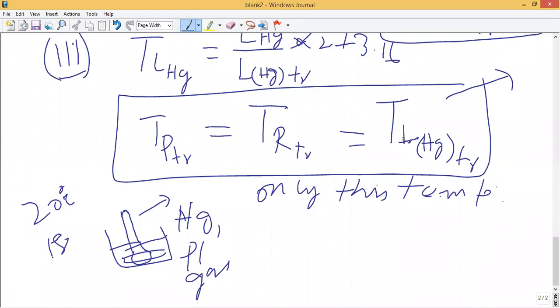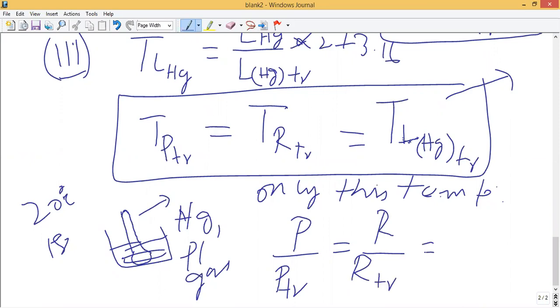Okay, and if they agreed, then you would get this kind of formula. If they agreed, then you would have pressure over P triple equal to R over R triple equal to length over length triple.